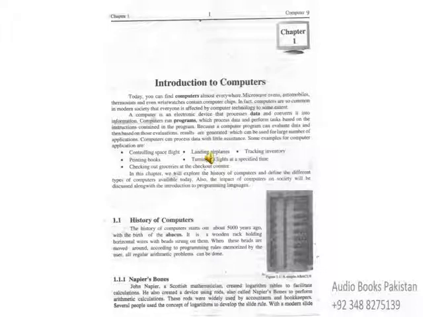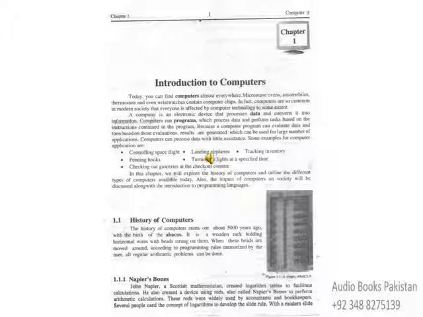1.1.1 Napier's bones. John Napier, a Scottish mathematician, created logarithm tables to facilitate calculations. He also created a device using rods, also called Napier's bones, to perform arithmetic calculations. These rods were widely used by accountants and bookkeepers.